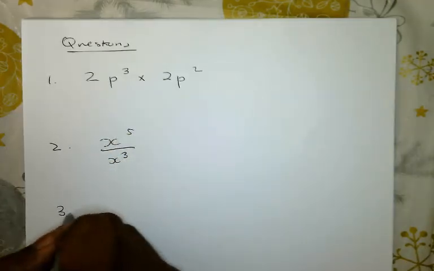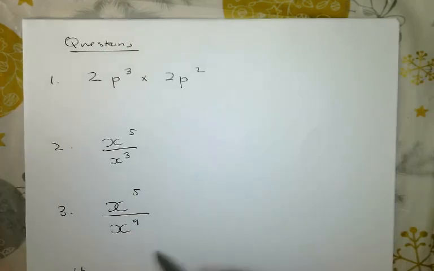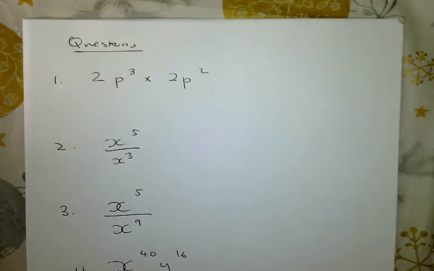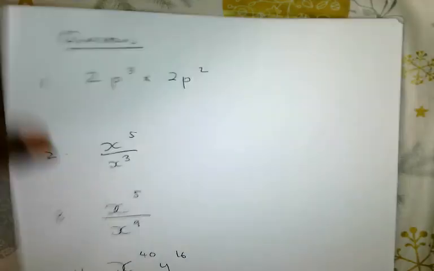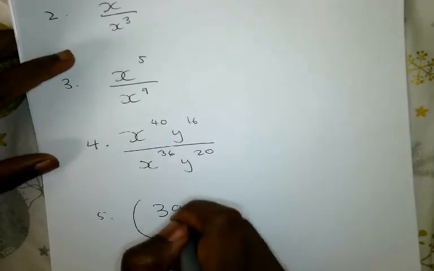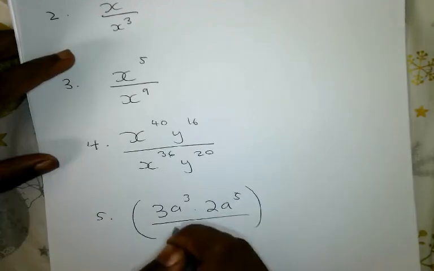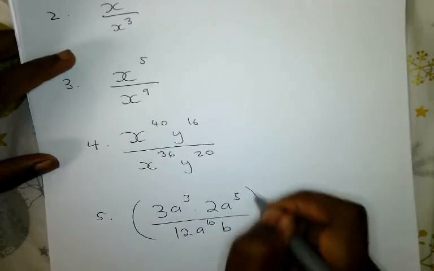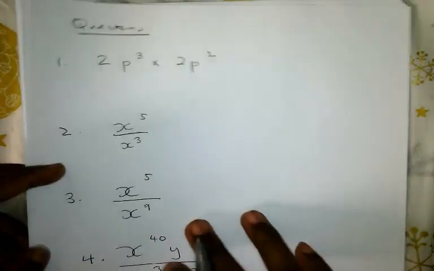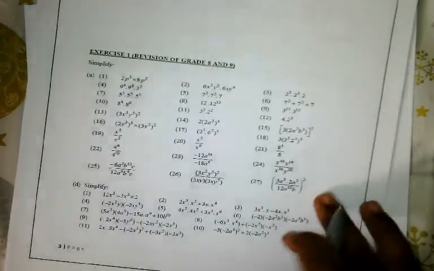Number 3, x to the 5 over x to the 9. Number 4, x to the 40, y to the 16 over x to the 36, y to the 20. And lastly, let's choose this one. I just chose random questions from this. It's just a bit of exercises that you can do.